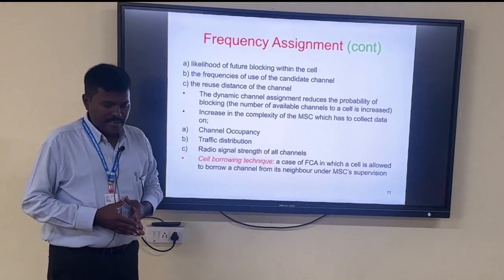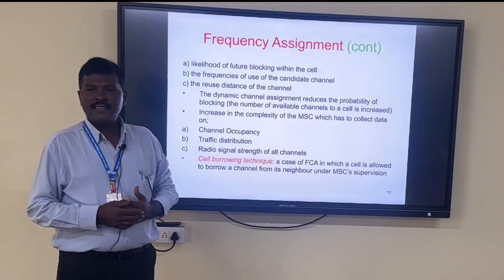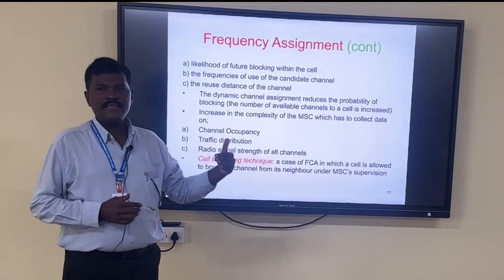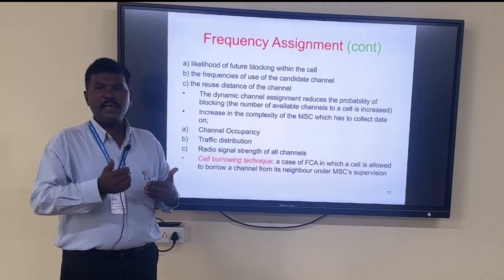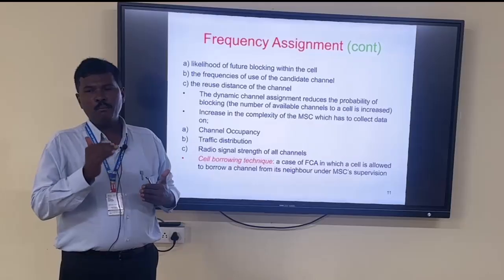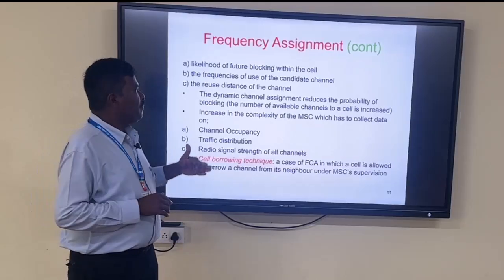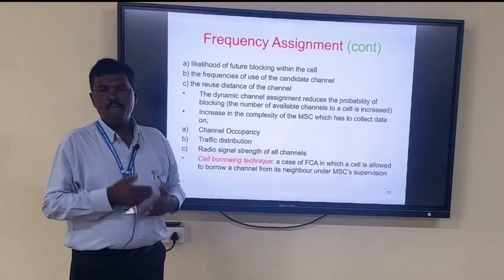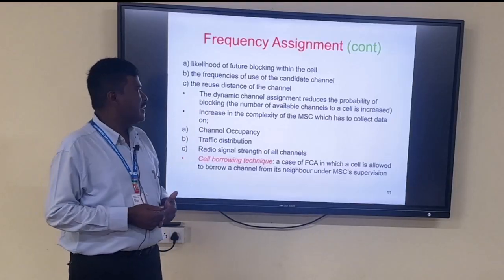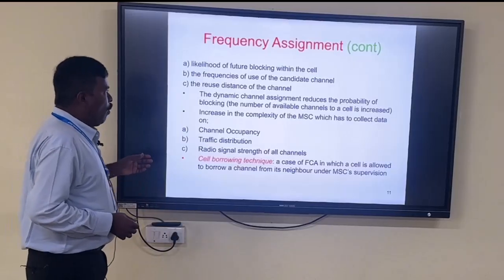This dynamic channel assignment reduces the probability of blocking. As I told you, in fixed channel assignment, when all the channels are busy, the next call, whether coming in or going out, will be blocked or rejected. The probability of blocking can be reduced with the second concept, dynamic channel assignment.